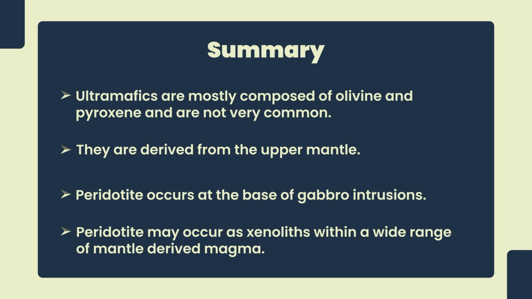Komatiites have spinifex texture formed only during the Archean period, and peridotites and ultramafics are derived from the upper mantle. So, these rocks are largely composed of iron, magnesium rich minerals like olivine and pyroxenes. Most of the pyroxenes are magnesium bearing, and olivine is also there.